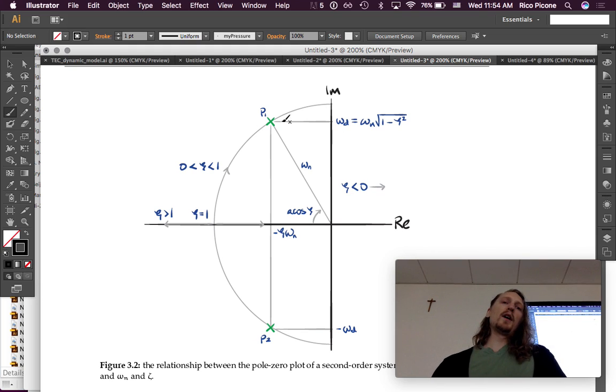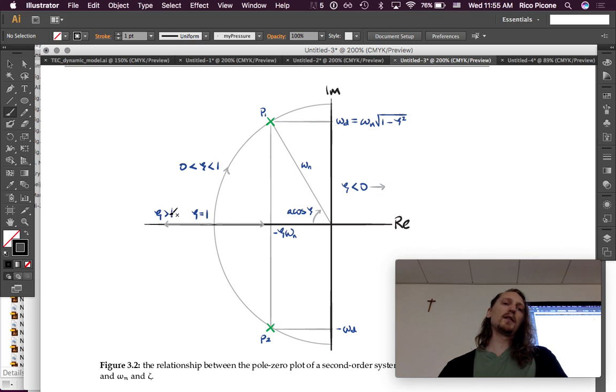And the angle here is the arc cosine of zeta. If we move along a circular arc, we stay at the same natural frequency, but we change the damping ratio. If we're on this arc from the real axis to the imaginary axis, then we're going from zeta equals 1 here to zeta equals 0 here, and less than 0 zeta means it's unstable.